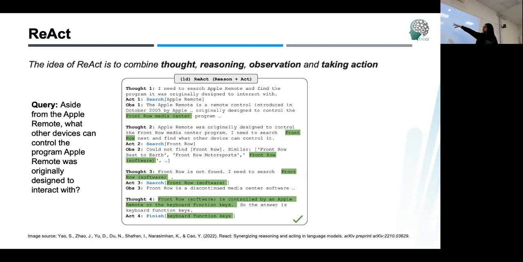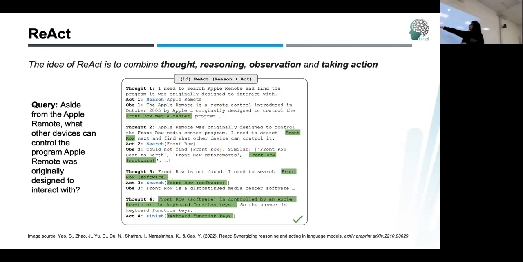Apple Remote was designed for, okay, this. And the important information the model gets after observation is Front Row media center. And this is definitely not the answer to the question. So the thought comes into play again: Apple Remote was originally designed to control Front Row media center. I need to search for Front Row, what Front Row basically is.